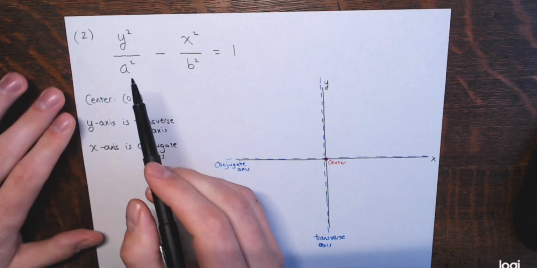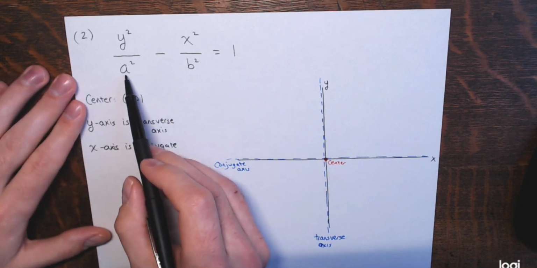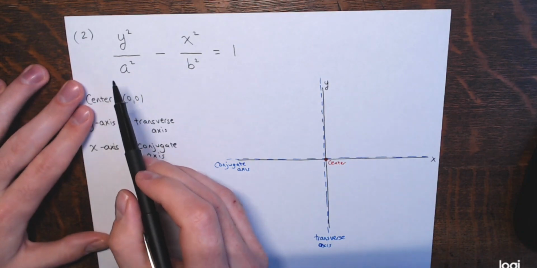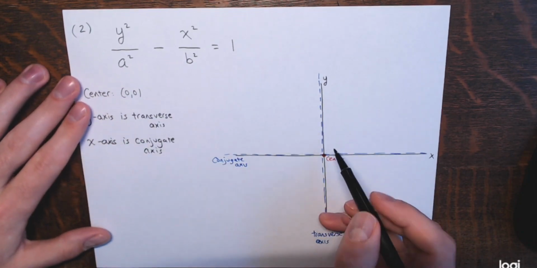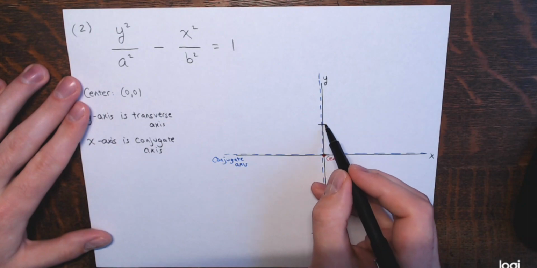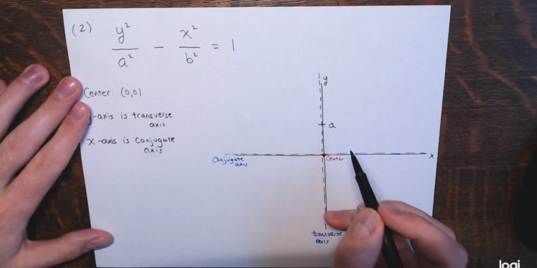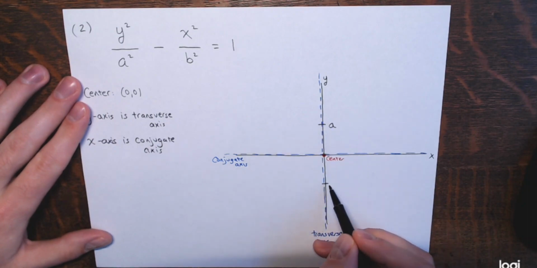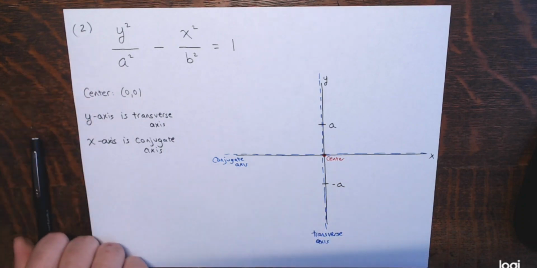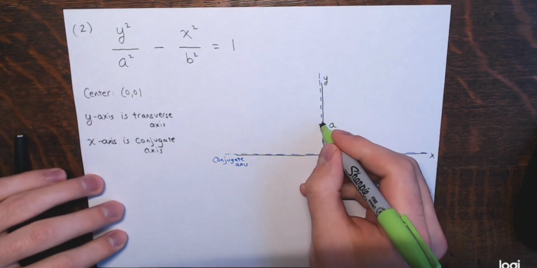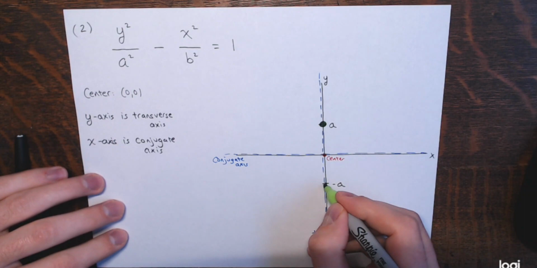And remember, a represents the distance from the center to the vertices, which in this case will be above and below the center. So here's a vertex at 0, a and a vertex at 0, negative a. And the vertices are actually solutions of the equation.